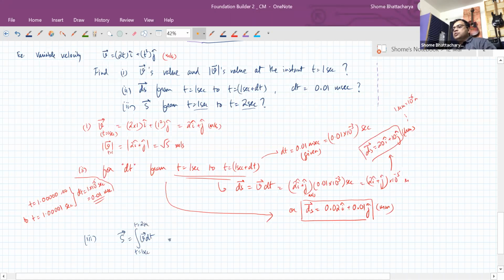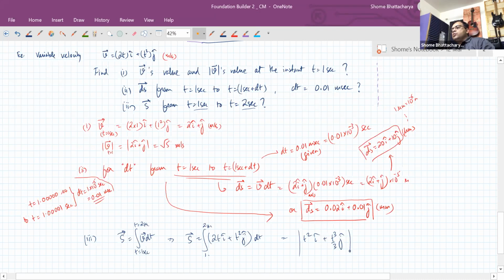So now we just substitute this thing. So it is 2t i cap plus t square j cap integrated from 1 to 2 seconds. So 2t's integration is t square, and t square's integration is t cube by 3.